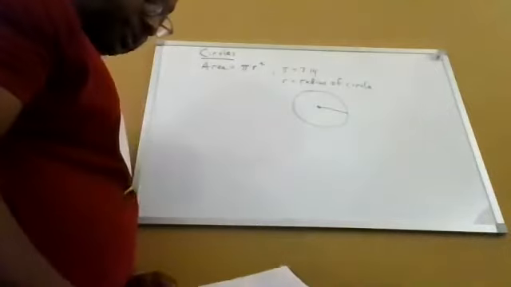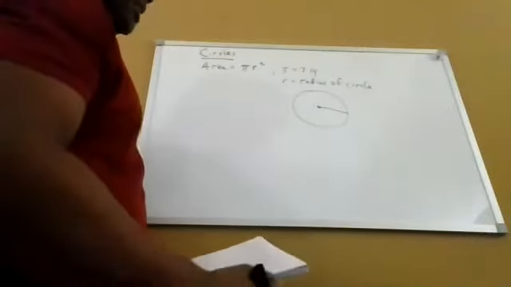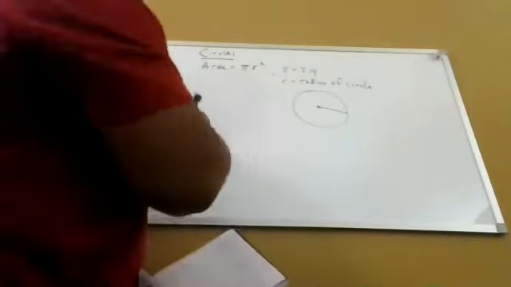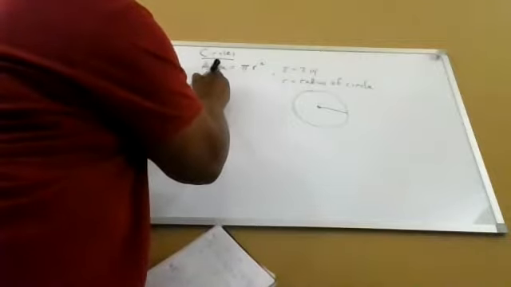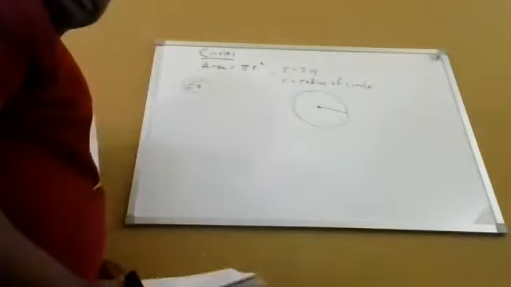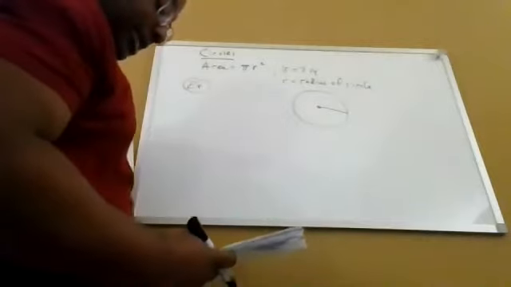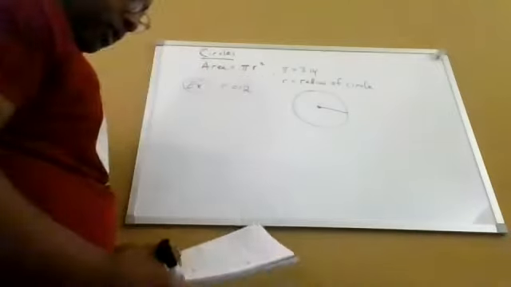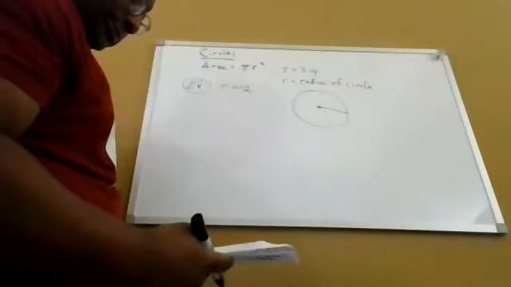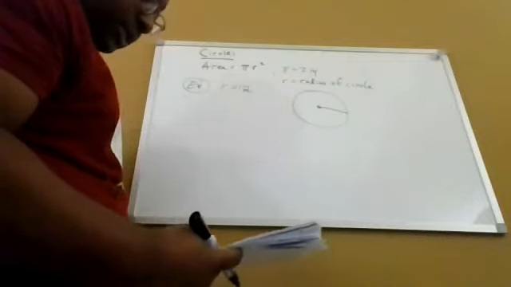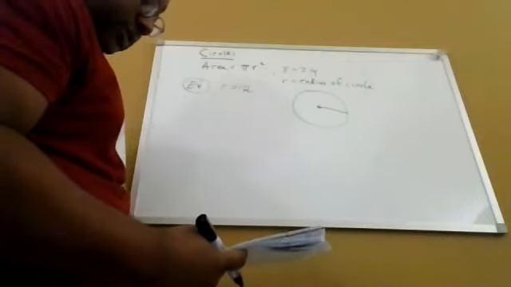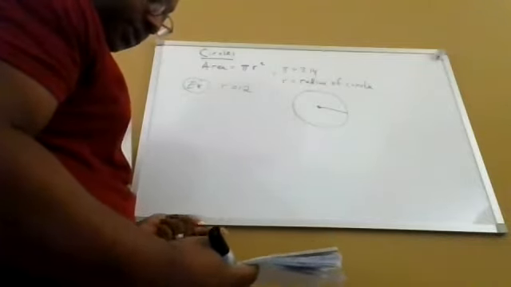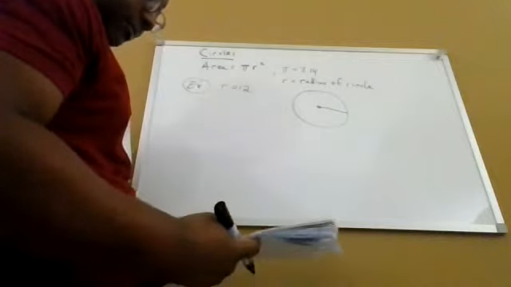So in our first example, suppose we are given that the radius is equal to 12, or that r equals 12, and we know that pi is 3.14. So let's just write the formula again, substitute our values in, and see what we get.